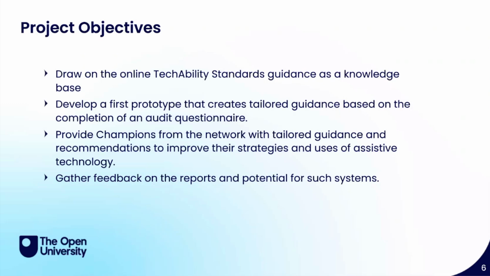And the idea was to create a prototype that we could then show to the Champions Network, and that would produce tailored guidance. They complete this form, and the output is a report which is specific to them and their college, giving recommendations about how they would improve their strategies and use of assistive technology.